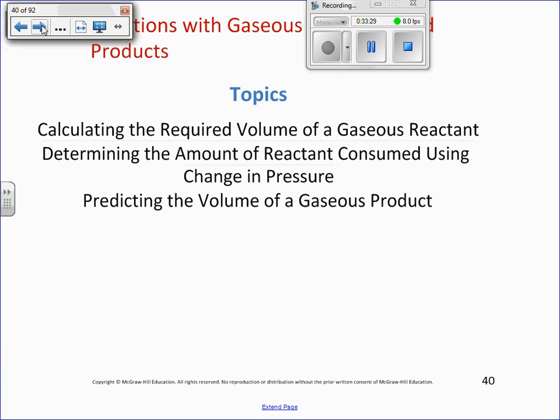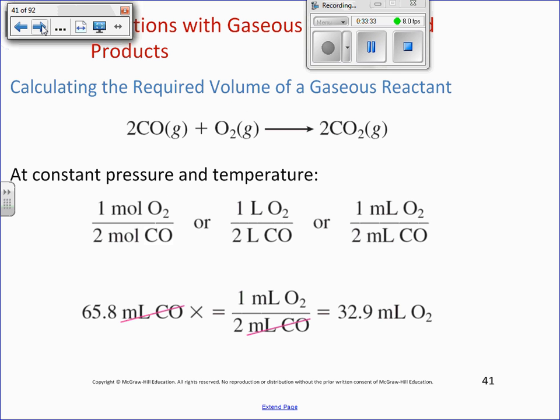If I look at this equation, carbon monoxide plus oxygen gives me carbon dioxide. What am I saying? If we look at the stoichiometry, for every mole of oxygen, I need 2 moles of carbon monoxide. Or for every liter of oxygen, I need 2 liters of carbon monoxide.